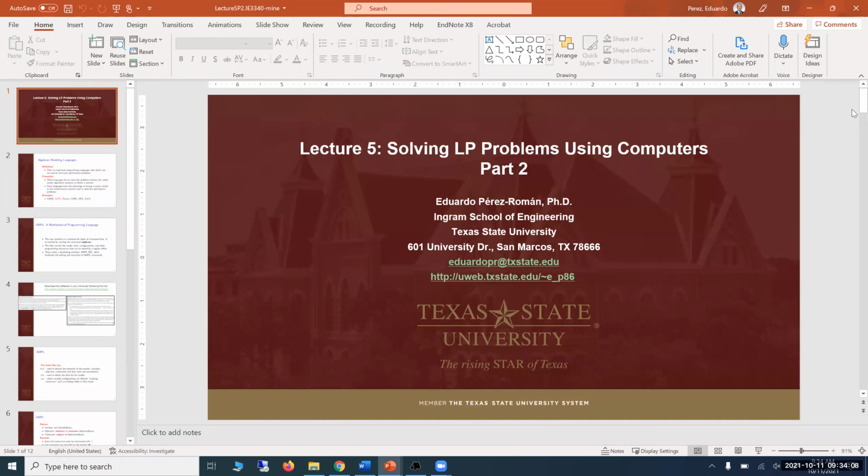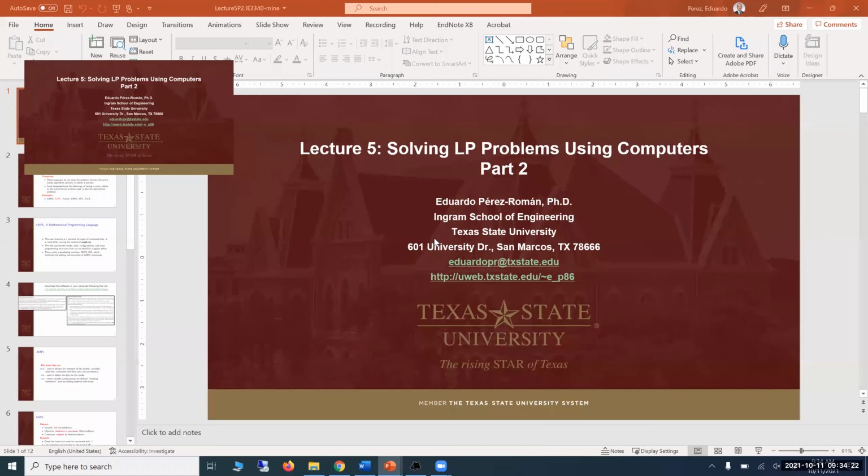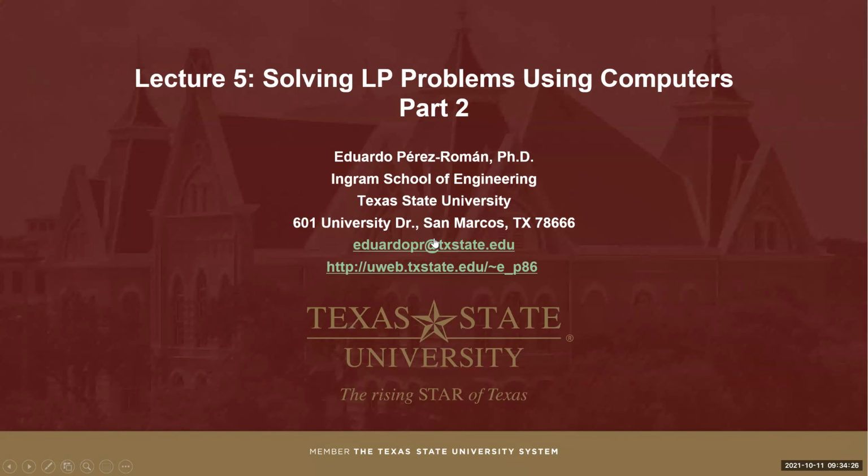And as we started last week, the discussion on how to solve problems using computers, we spent our last lecture discussing how to build models using Microsoft Excel, and how to use the Excel solver to solve those problems.